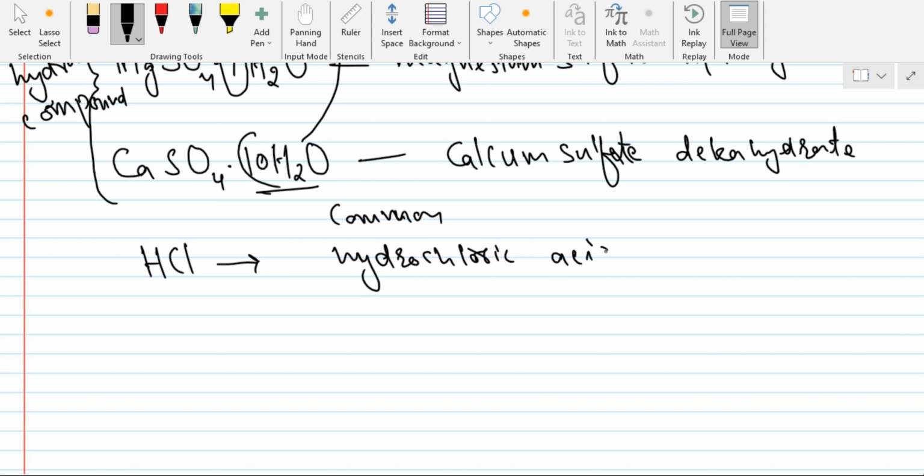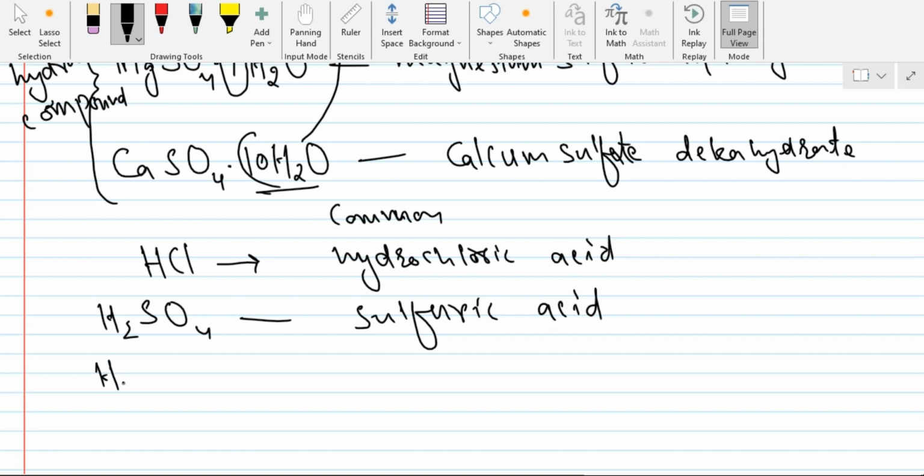H2SO4 is actually dihydrogen sulfate, but commonly known as sulfuric acid. H2CO3, dihydrogen carbonate, is commonly known as carbonic acid. You must remember some of the common names as well.